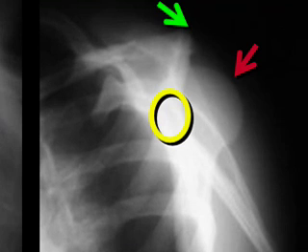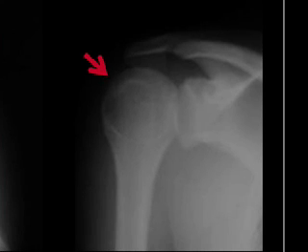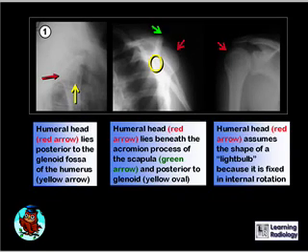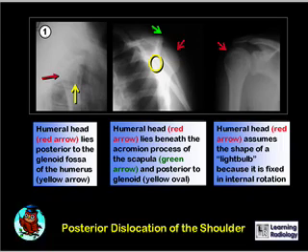The humeral head, the red arrow, lies beneath the acromion process, the green arrow, and posterior to the glenoid. In the frontal view, the humeral head has the shape of a light bulb because it's fixed in internal rotation. These findings are characteristic of a posterior dislocation of the shoulder.